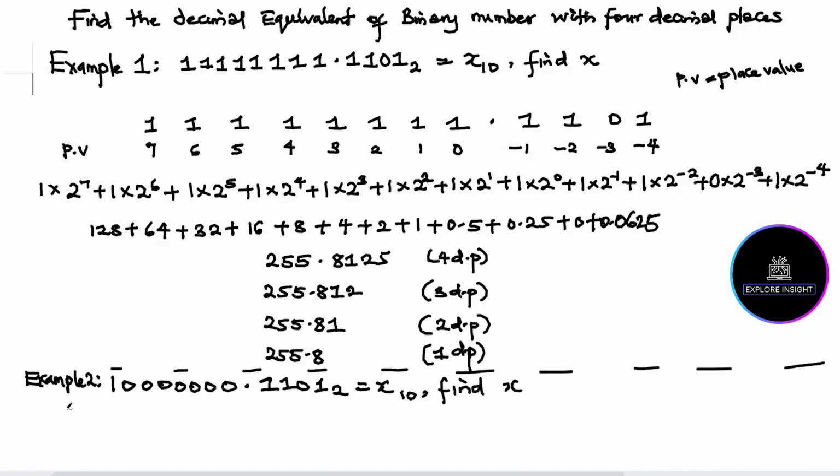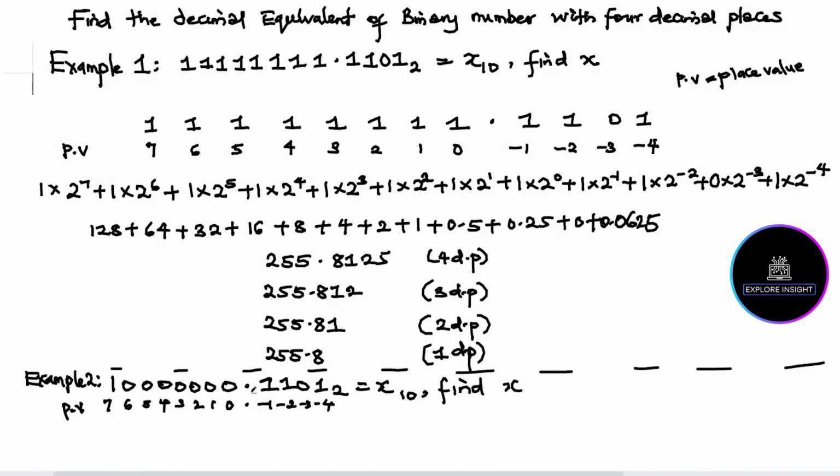So the first thing to do is to consider the place values for this given number. So we'll have from here our dot. So we have 0, 1, 2, 3, 4, 5, 6, 7. And on this side we have -1, -2, -3, -4.